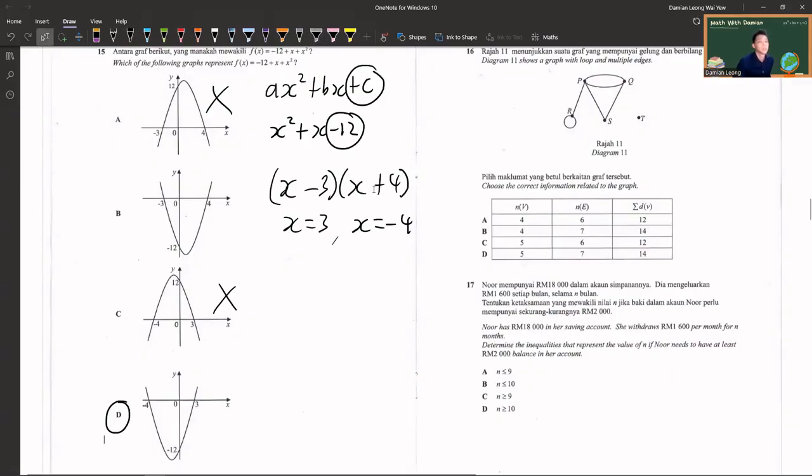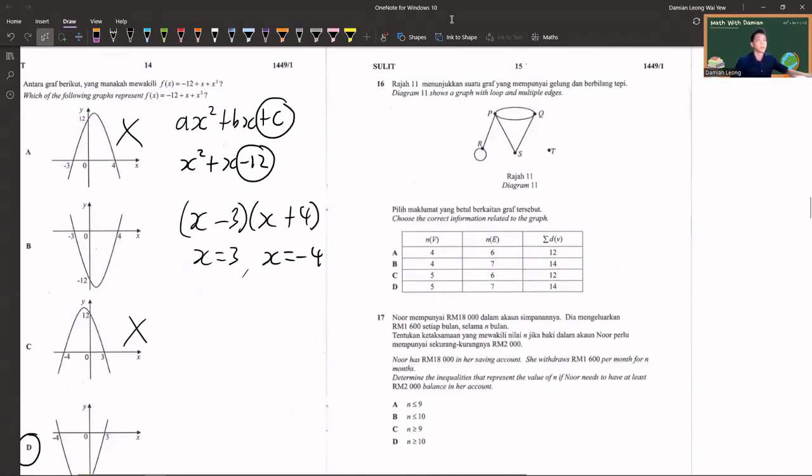Okay. Then, so question 16, Rajah 11 menunjukkan suatu graf yang mempunyai gelung dan berbilang tepi. Okay, graph with loops and multiple edges. So we have to choose the correct information related to the graph. Okay, pilih maklumat yang betul berkaitan dengan graf yang diberi ini di dalam Rajah 11.